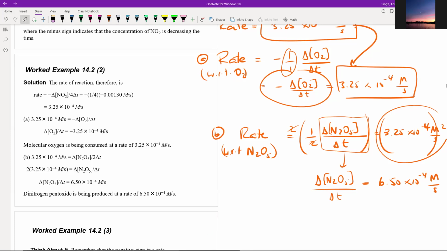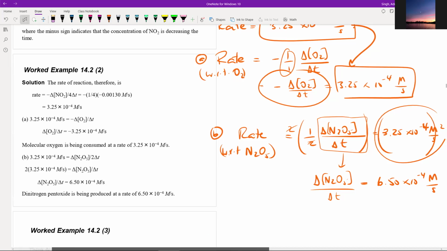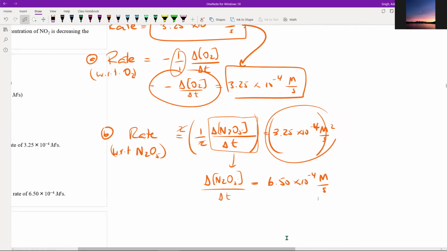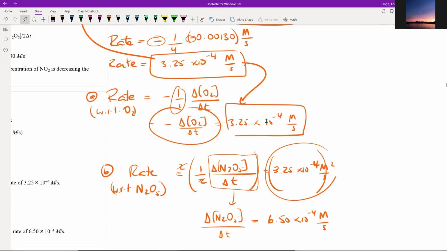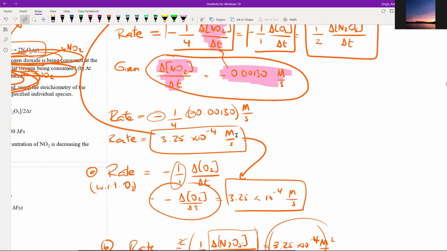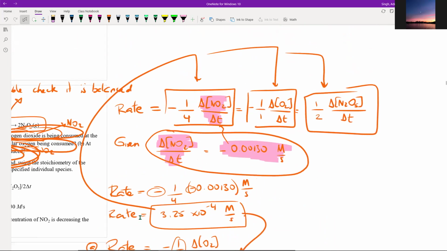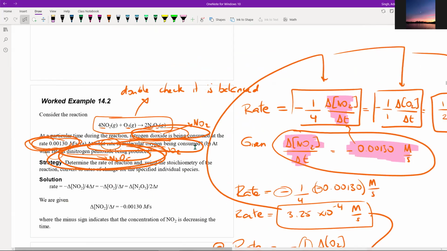It may seem complicated if I would just throw this at you with all the different symbols and whatever, but it's actually fairly straightforward as long as you have a balanced equation, and as long as you know the general technique and how you write these rate equations with respect to each of the reactants and or products while incorporating the stoichiometric coefficients.